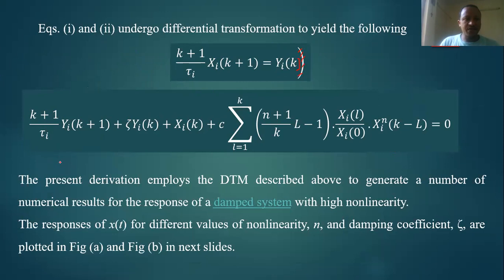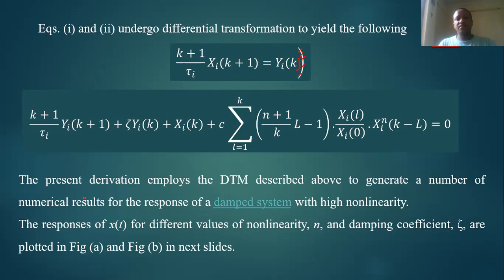Then k plus 1 over zeta_i, y_i of k plus 1 plus zeta y_i of k plus x_i of k plus c, summation of n plus 1 over k, l minus 1, for l equal to 1 to k, times x_i of l over x_i of 0 times x_i to the power of n, k minus l is equal to 0. This is the power series expansion for the given function.